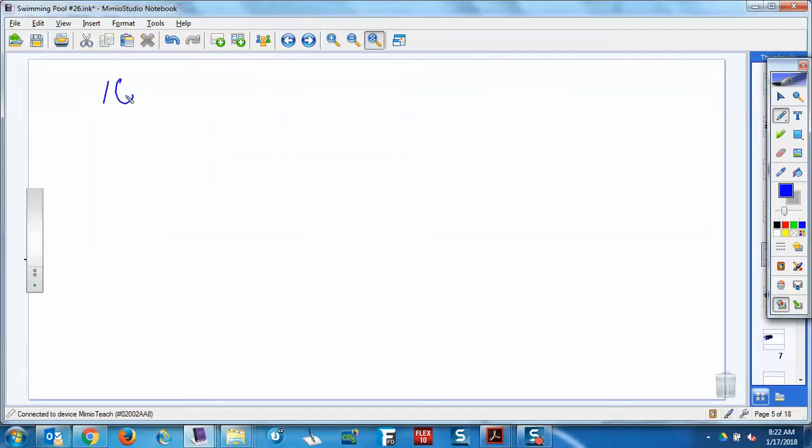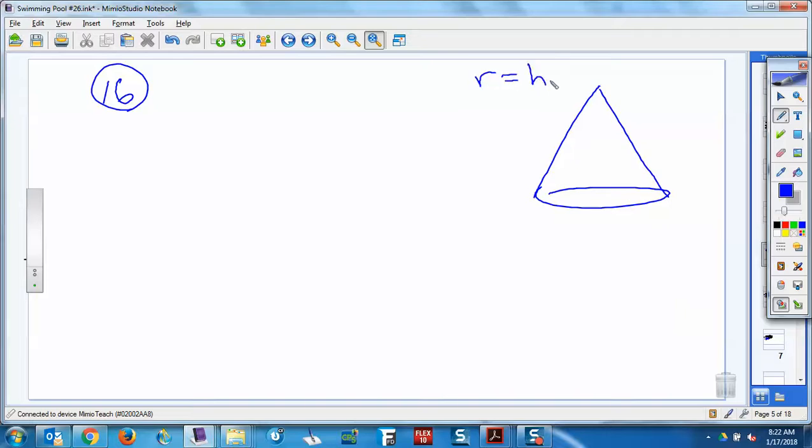So on 16, it says this is sand being dumped on a pile, so that means the cone's going to look like that. And it says in such a way that the radius is equal to the height. Now, it doesn't get much easier than that. Remember what I said about the cone: any cone, as it grows, the radius and height are always going to stay in some ratio.